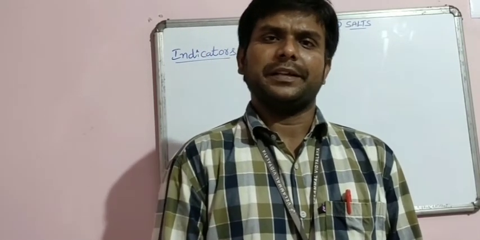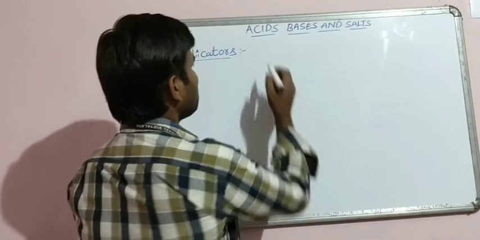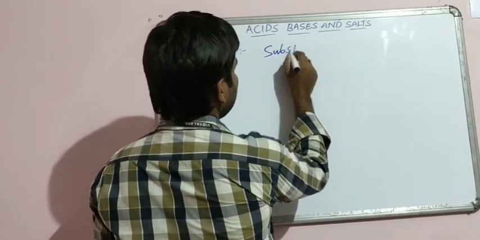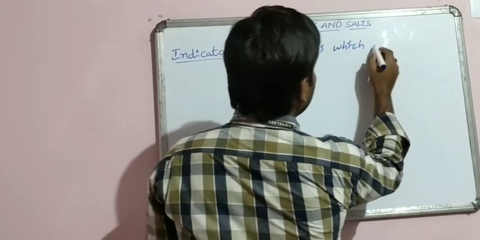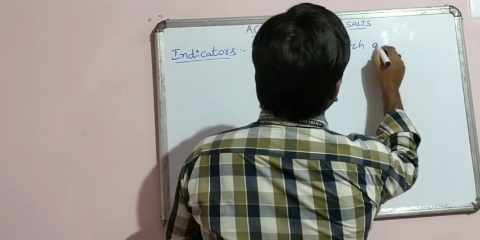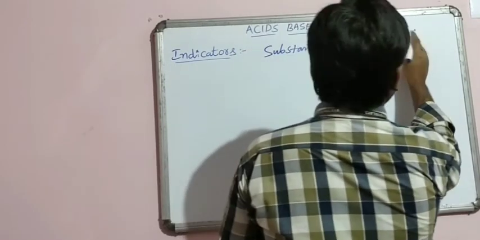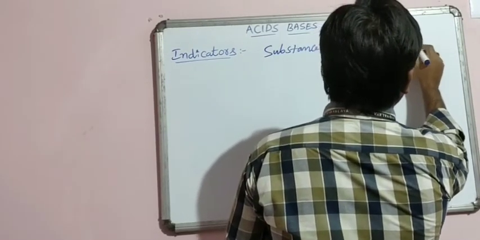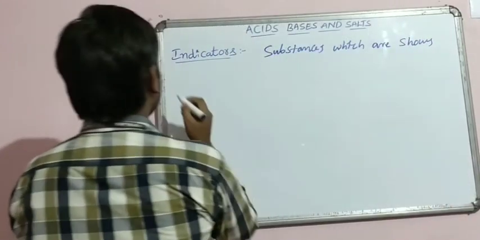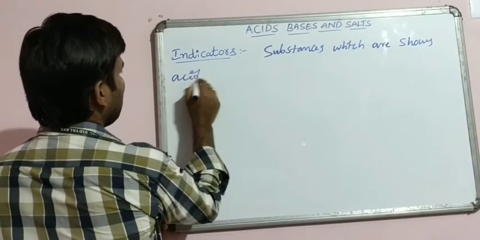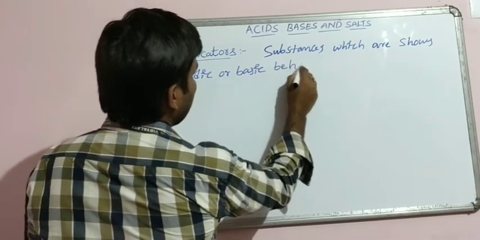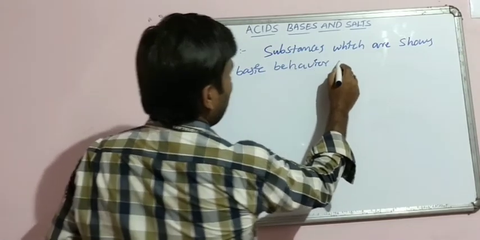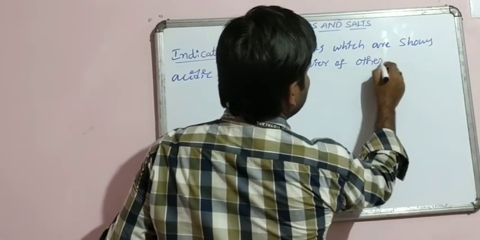Change in colors are known as indicators. Indicators are substances which show acidic or basic behavior of other substances.